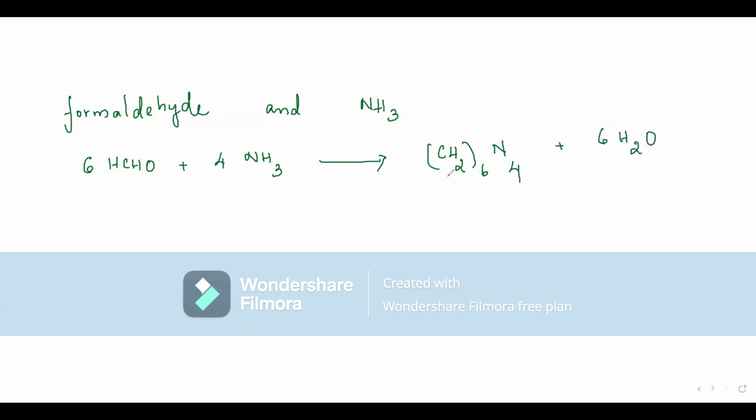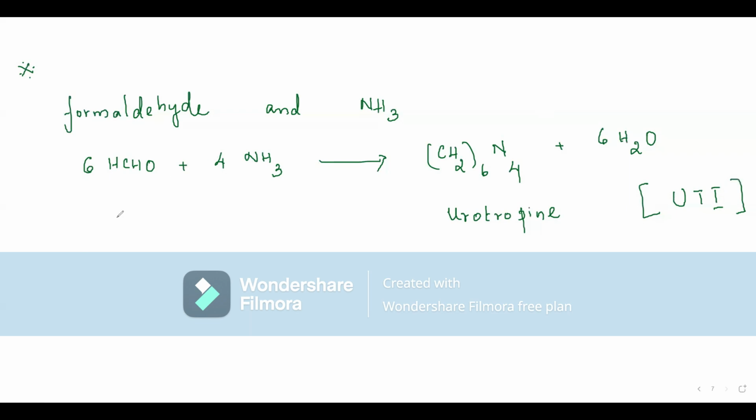The product here, (CH2)6N4, is called urotropin. This is a medicine used in urinary infection, UTIs. This was asked in last year's board examination, so mark this as important.